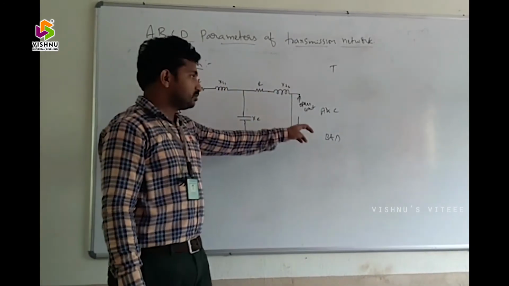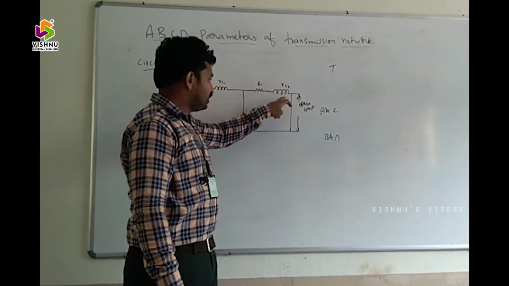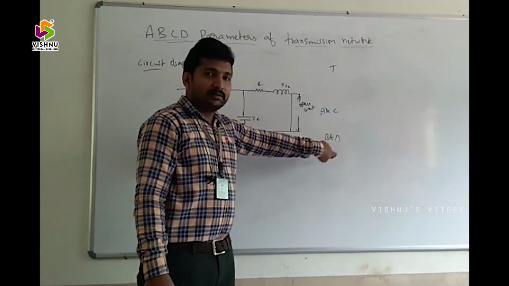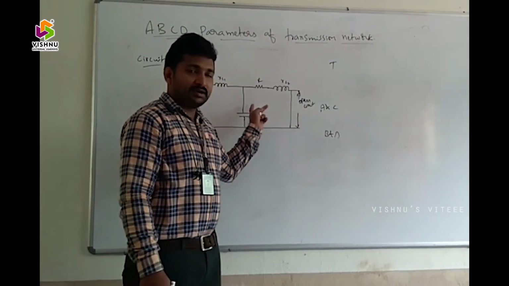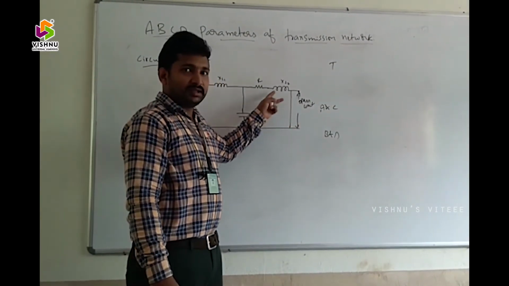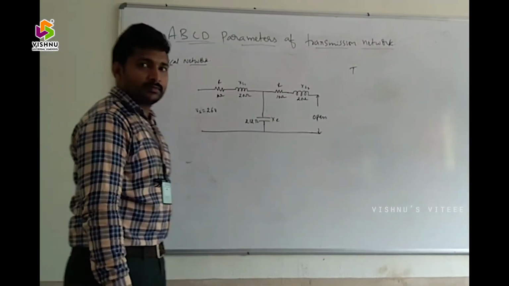When the receiving end is open circuited, we will get A and C values. When the receiving end is short circuited, we will get B and D values. We will draw individually for getting A, C parameters and again B and D parameters.